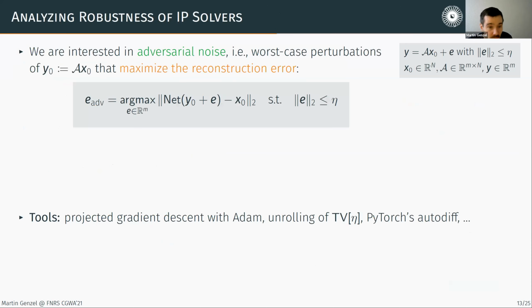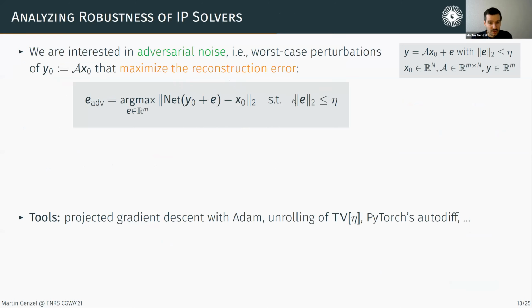The other thing, of course, is how do we actually measure robustness? This is what this slide is about. You've seen these adversarial attacks for classification, and the idea that we pursue is quite similar. We would like to compute that perturbation of the input, and the input here is basically just this additive noise d, that maximizes the reconstruction error of your given method.